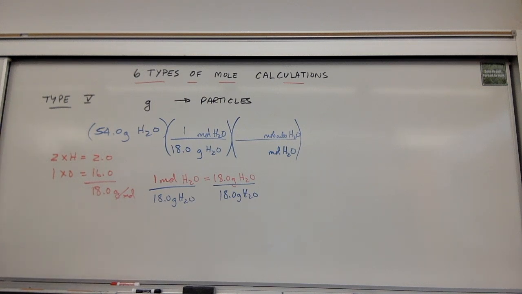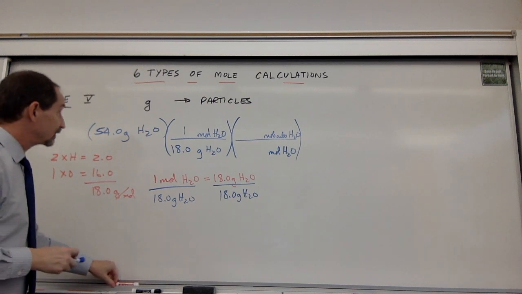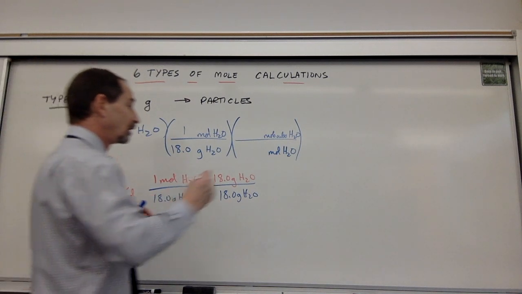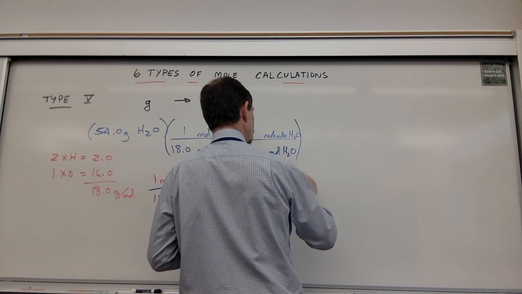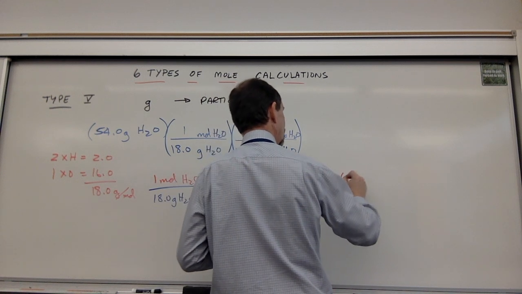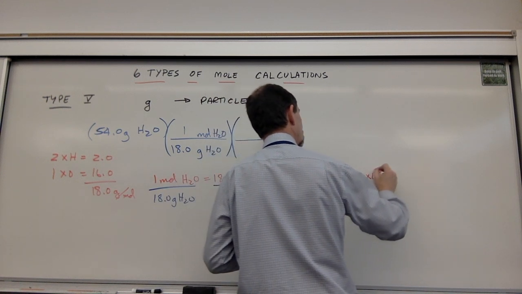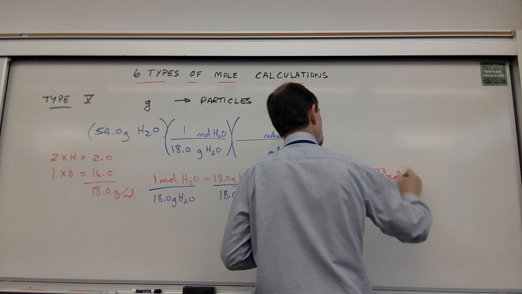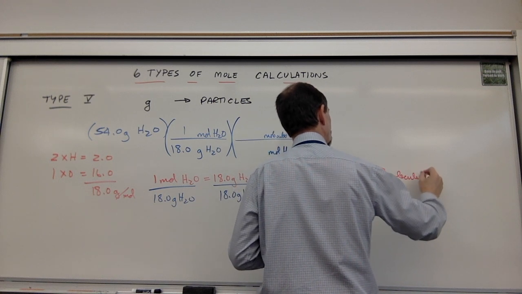My second set of brackets is exactly what we just did in type 4. 1 mole of water is Avogadro's number. 6.02, 10 to the 23rd, and now we're using the unit molecule of water.